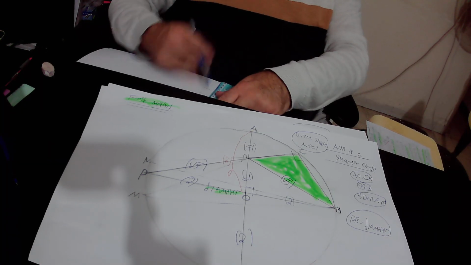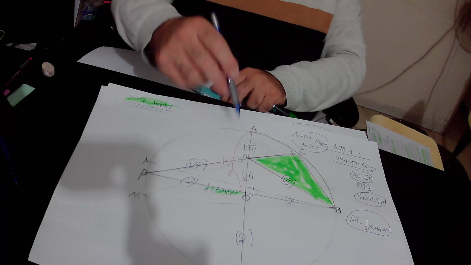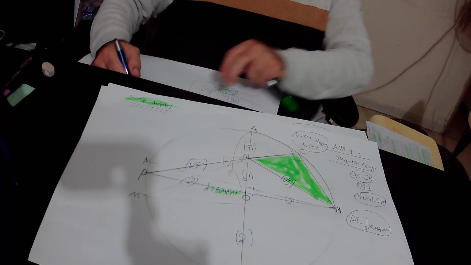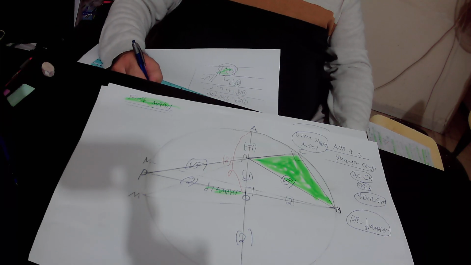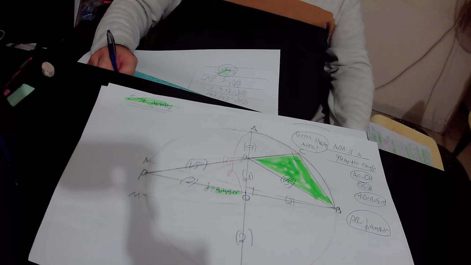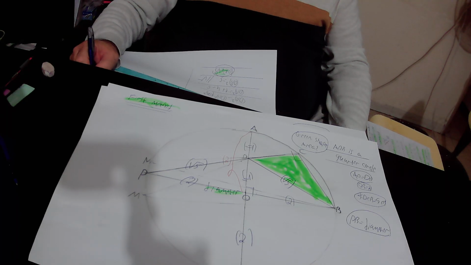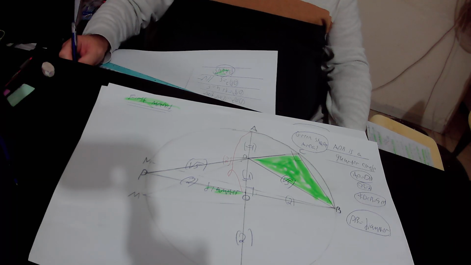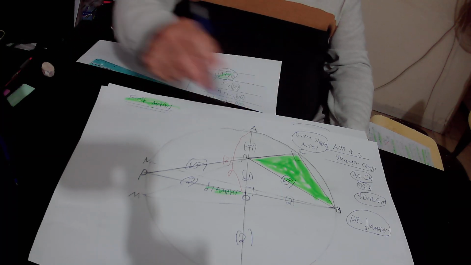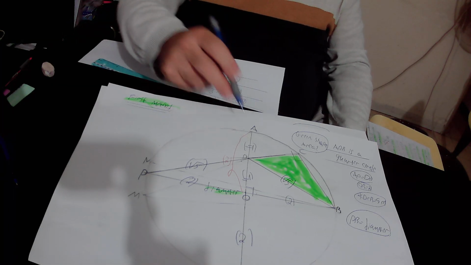In our original drawing, we have chord AQ intersects with chord CP at point D.